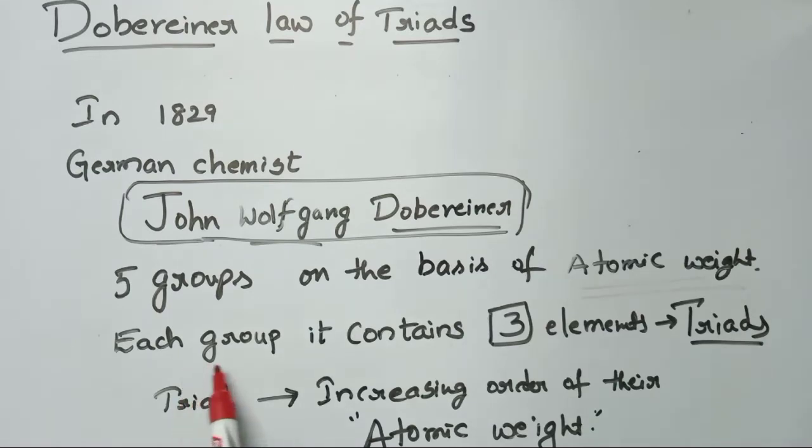Each group contains 3 elements known as triads. In each triad, the elements are arranged in increasing order of their atomic weight. In this way, he tried to classify the elements and he gave a relation in each and every group. Let us see what is the relation given by Dobereiner in the next slide.